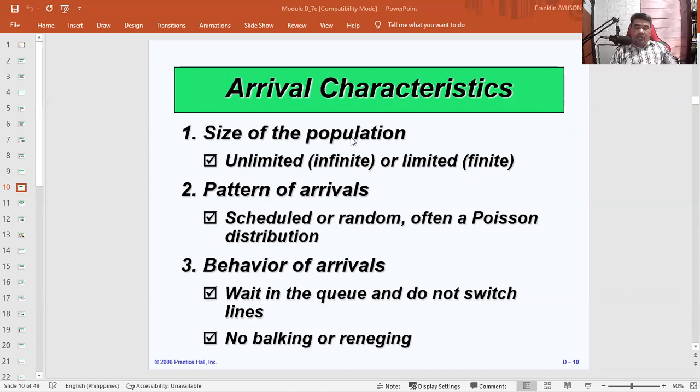When you say limited or finite, we have an exact number. We have a probable number of population that we are expecting to fall in line or to enter our queue, the waiting line queue or the arrival queue.